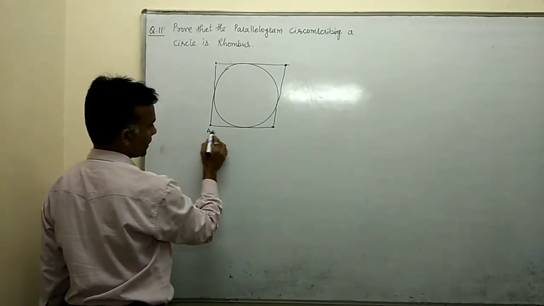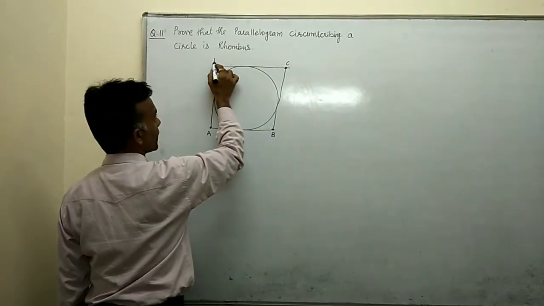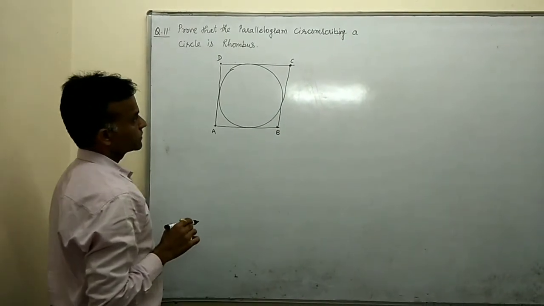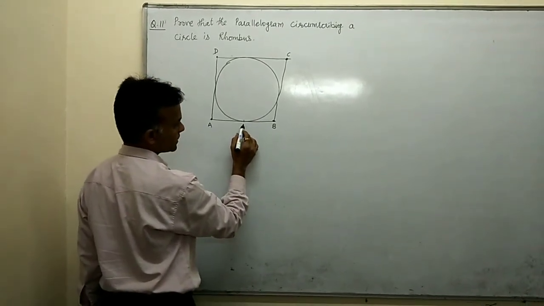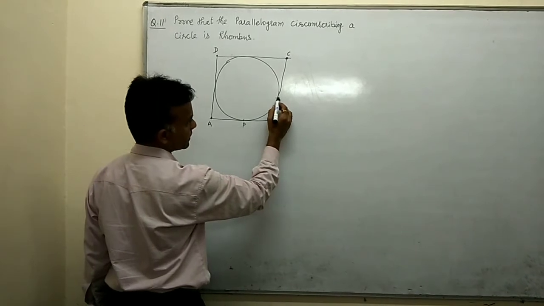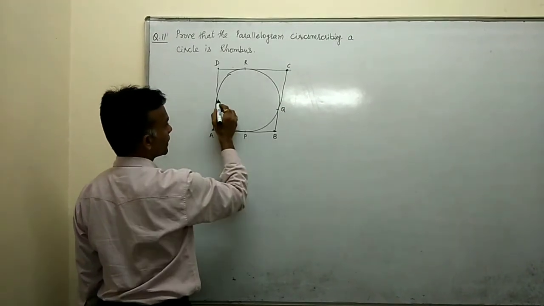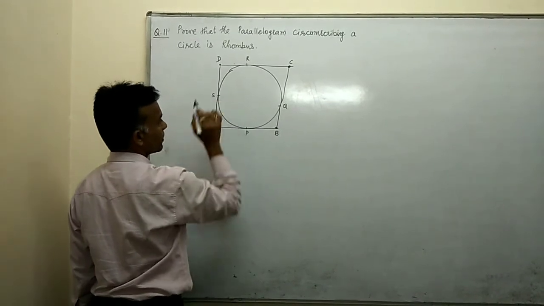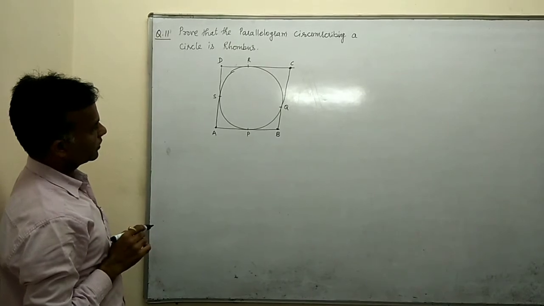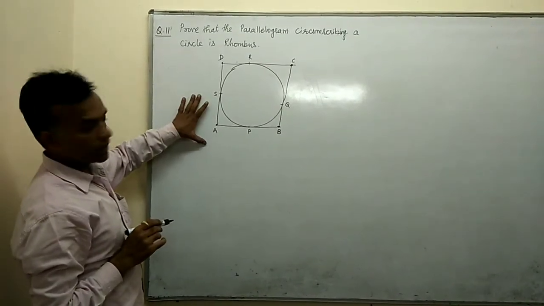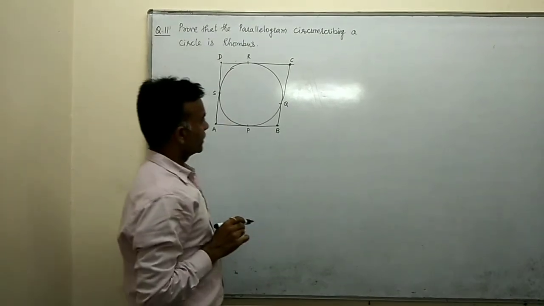Then name them here A, B, C and D. And the circle is cut here. So this point is called P, this point is called Q, this point is called R, and this point is called S, because these are all points of contact. Okay, so this is the given figure, because the parallelogram circumscribes the circle. This is the diagram.